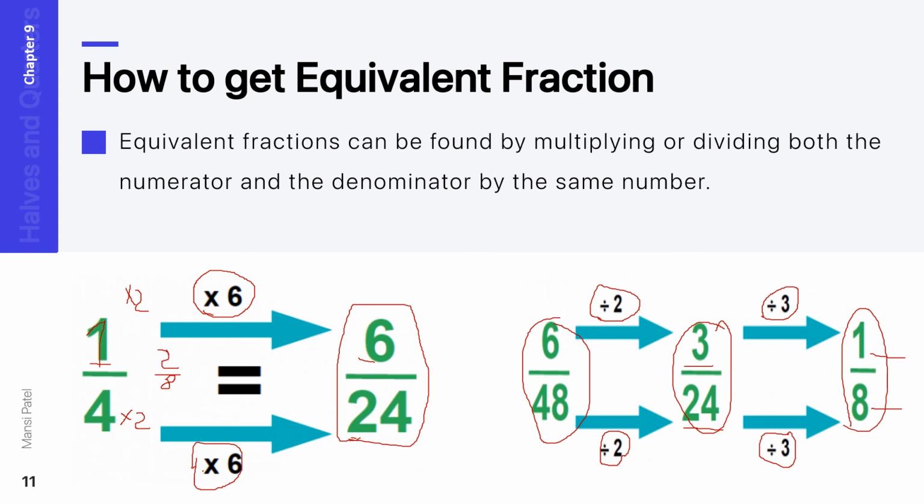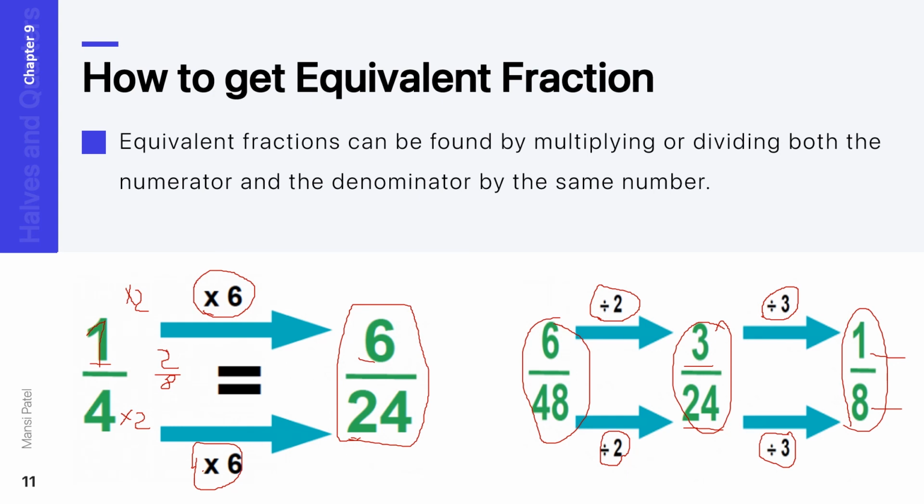But one condition you have to remember is that when you are doing the division, both numbers should be divisible by that number. If you see here, we can divide 6 by 2.